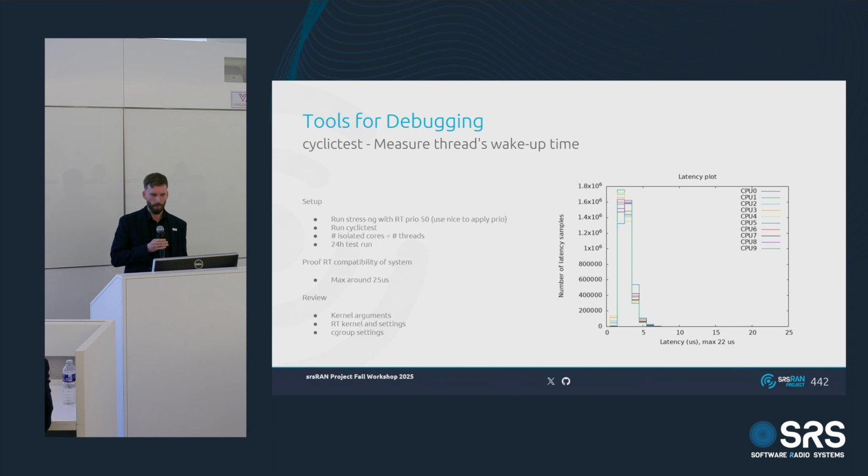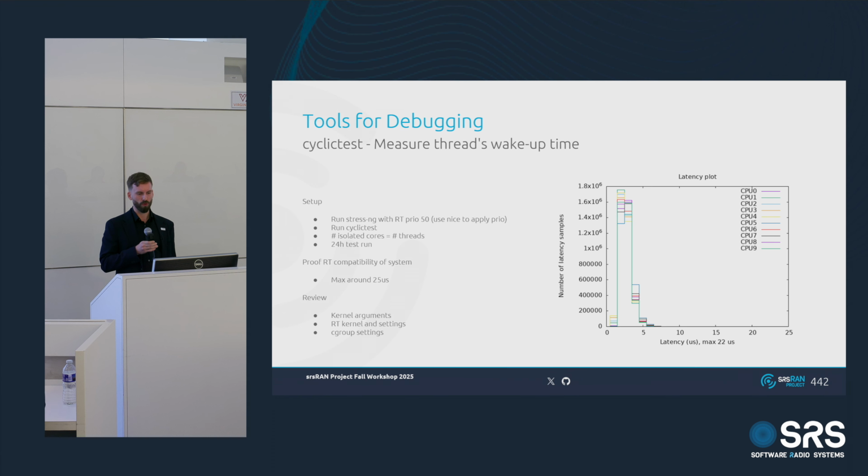And so the setup that I'm usually using here is I first run srsRAN, which is a tool that basically stresses the CPU. And I run this with real-time priority as well. And then I run cyclictest.